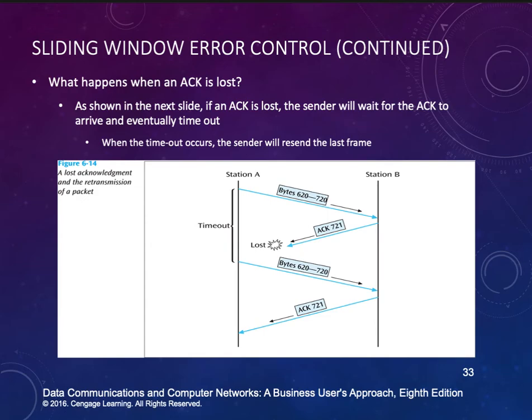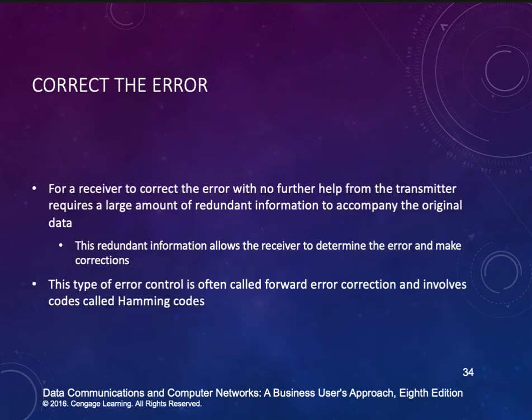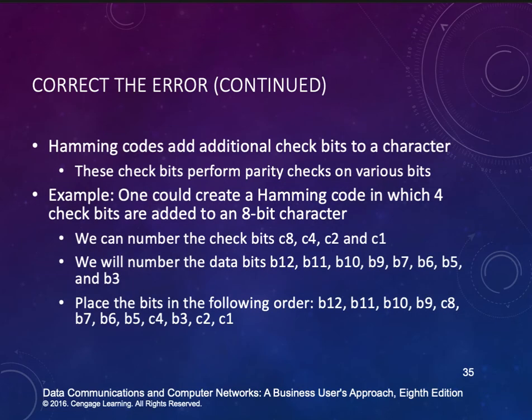Next, we take a look at correcting the error. So for the transmitter, a lot of redundancy. It's called forward error correction, or Hamming code. These are basically check bits.